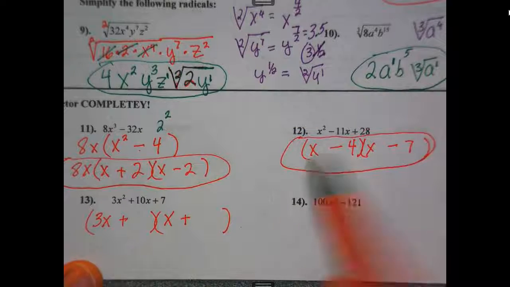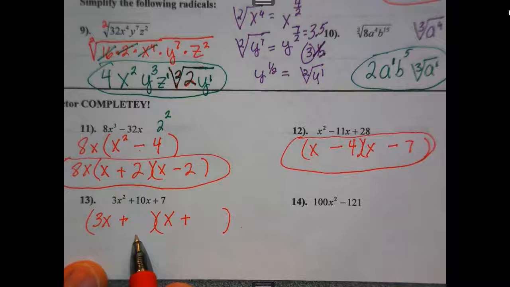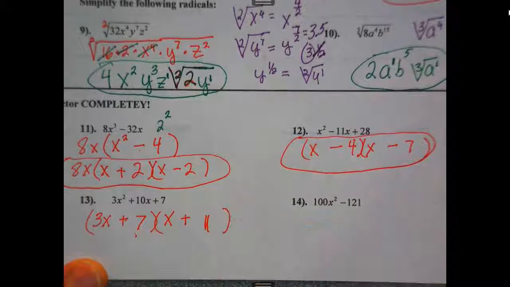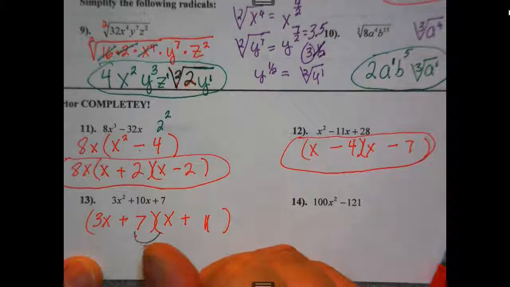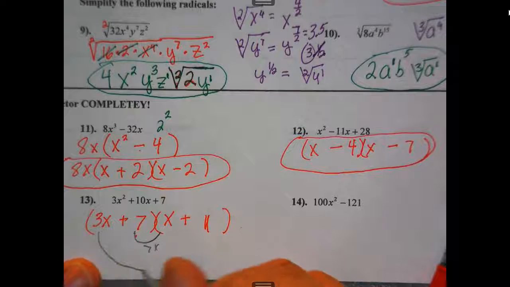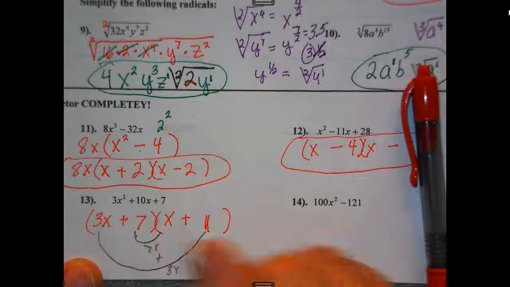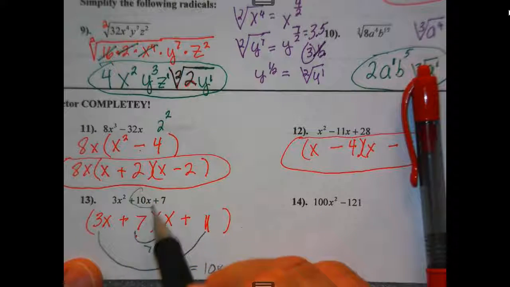Now, there's only one way to get 7. That's 1 times 7. Where do you want the 7? Do you want the 7 here or here? First one? Awesome, because 7 times x is 7x, and 3 times 1 is 3x. Add those together, and I get 10x, which is what I want.